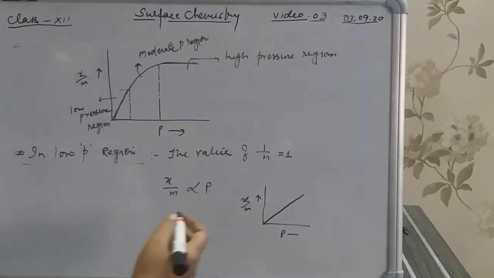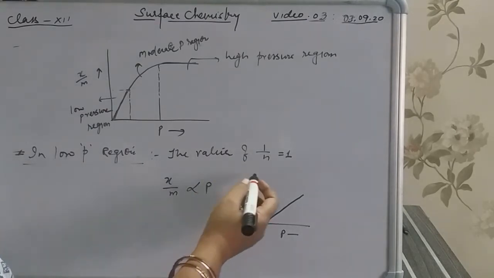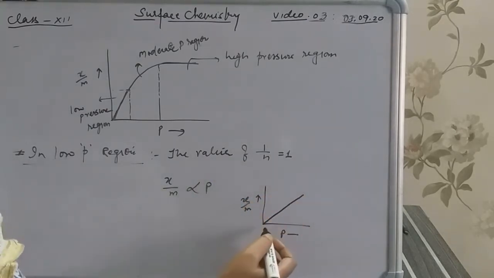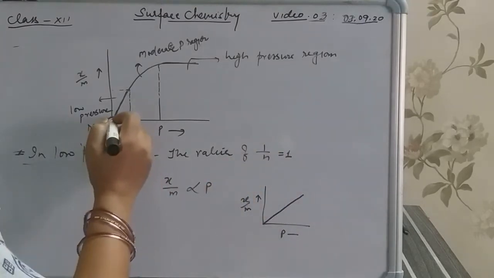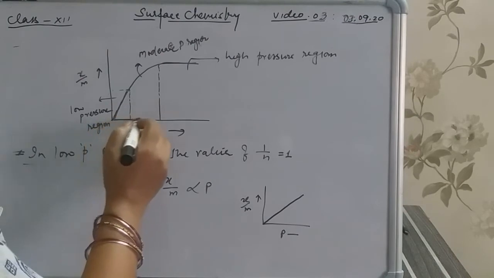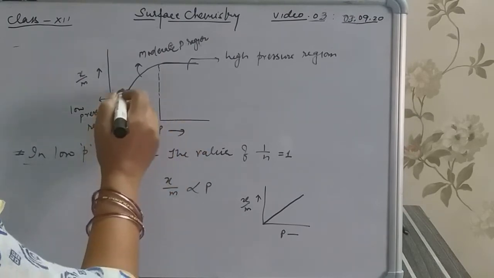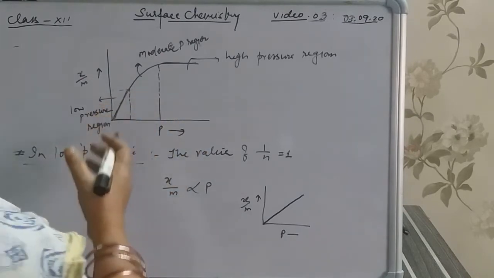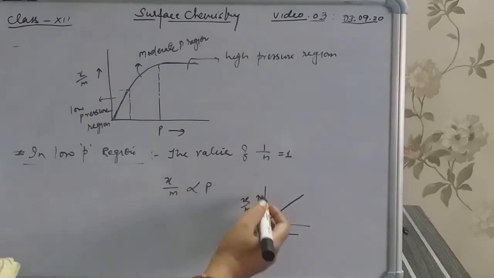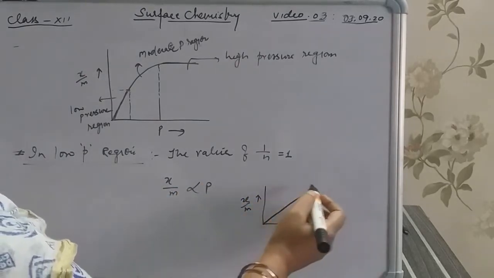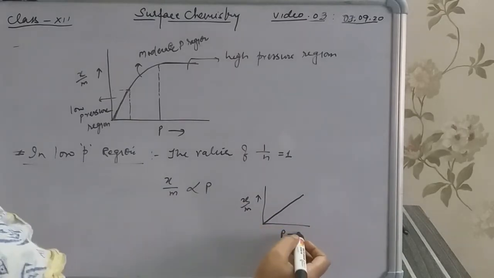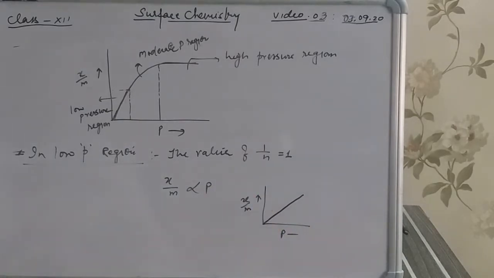So he found that in the low pressure region, as the pressure increases, the value of x by m, meaning the amount of adsorption, also increases. In this way he plotted a graph, showing that as the pressure increases, the amount of adsorption also increases.